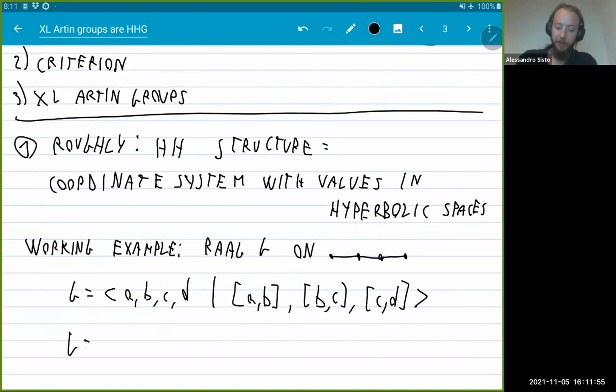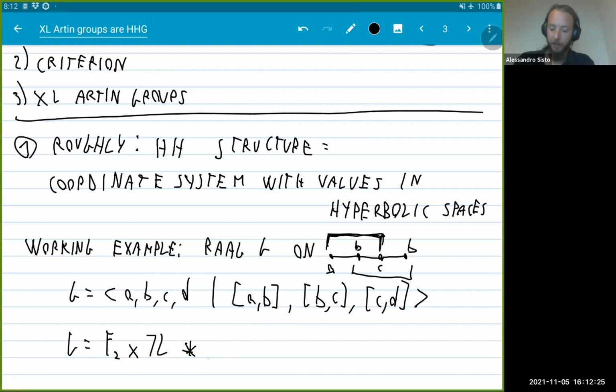And in particular, if you look at the defining graph of the Artin group and you're familiar with that, G will contain two copies of the free group on two generators cross Z squared, which are suggested here. They're generated by A, B, and C, and B, C, and D. They share a Z squared, and actually the group G is the amalgamated product of these two.